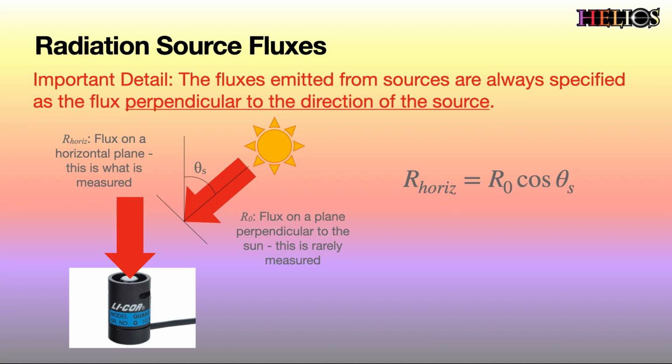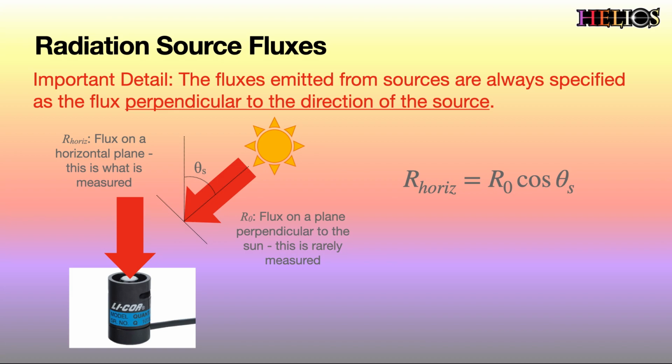Most times when we're dealing with simplified models like 1D or bulk models of canopy radiation transfer, we almost always use the flux that's perpendicular to a horizontal plane or the ground. And that's often because this is what we might measure if we put out a radiation sensor that's leveled to get the incoming flux.